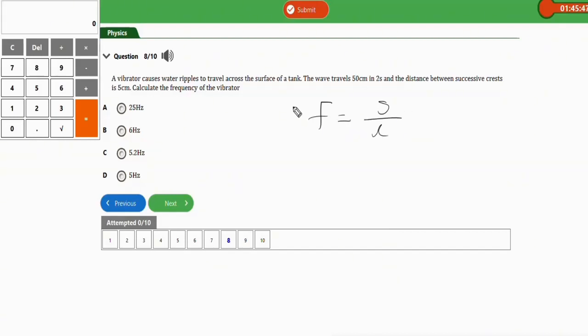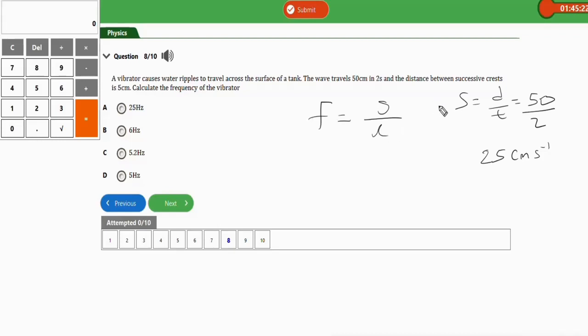So on the question we are given the wave traveled 50 cm. I know that speed is distance over time, right? So the distance is 50 cm, that's 50 over the time, which is 2. So this will give us 25 cm per second.